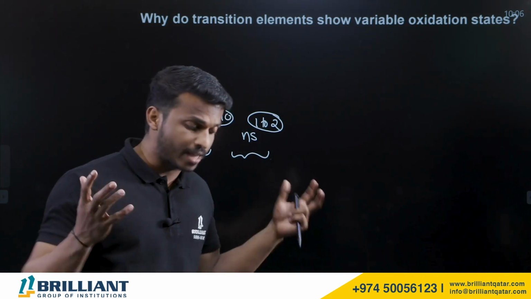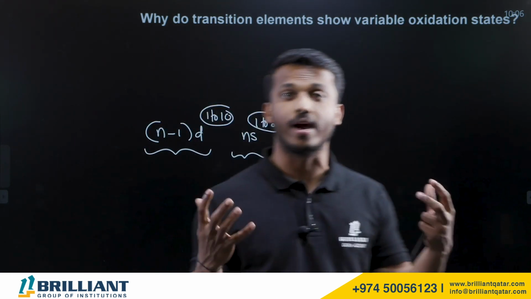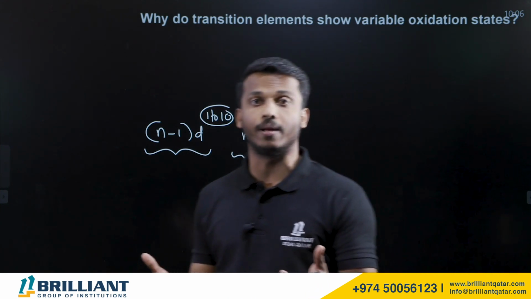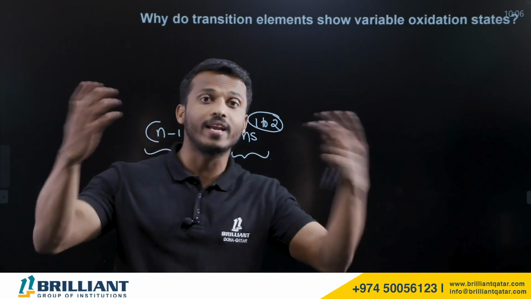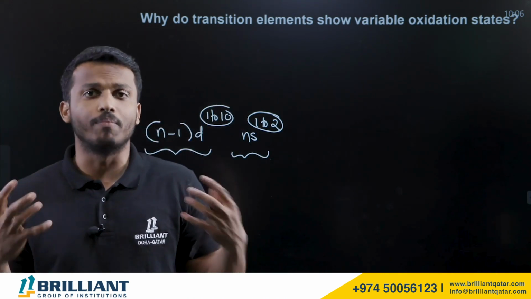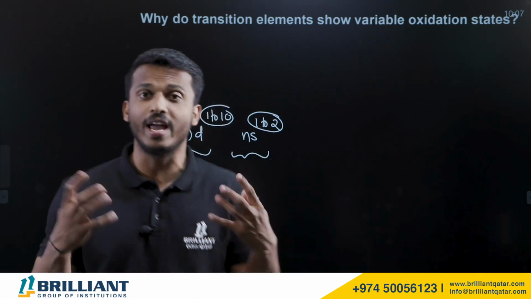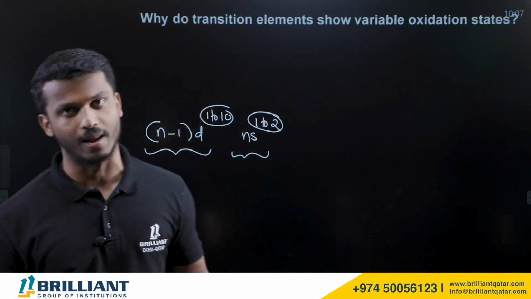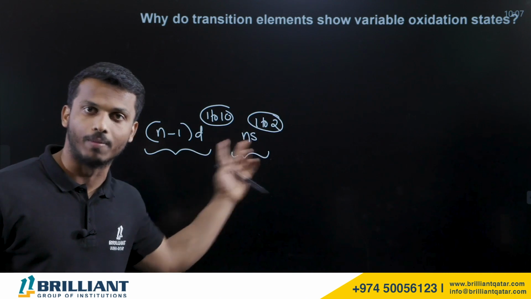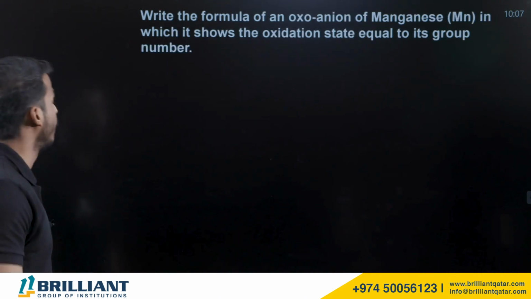You studied that the maximum oxidation state is possessed by osmium and ruthenium, around +8. Manganese shows +7. Right? So variable oxidation state is a main characteristic of which one? D block element. This is the reason, their comparable energy. Next one.